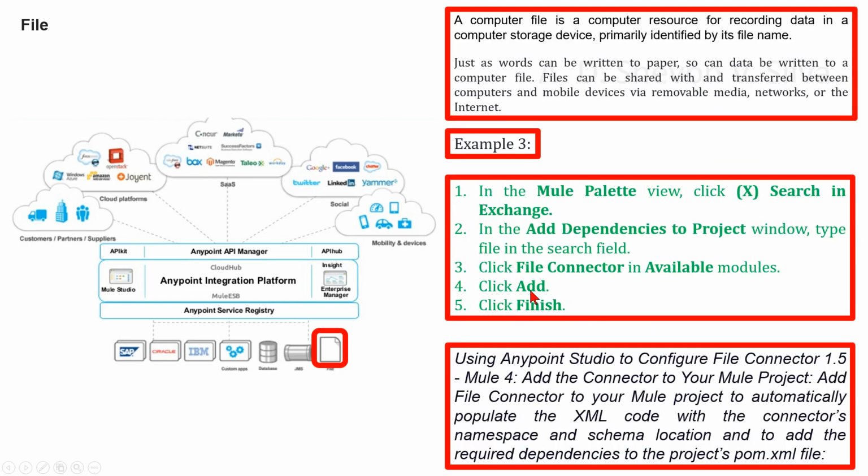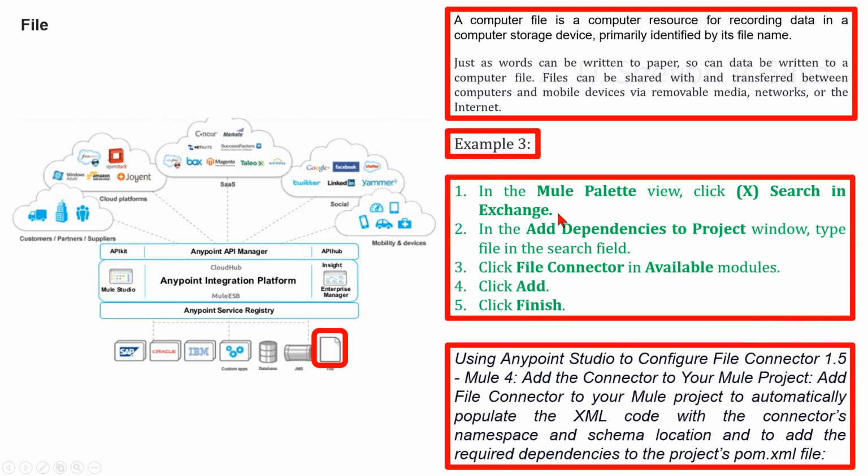As example 3, we can consider using Anypoint Studio to configure file connector 1.5 Mule 4. Add the file connector to your Mule project to automatically populate XML code with the connector's namespace and schema location, and add the required dependencies to the project pom.xml file.